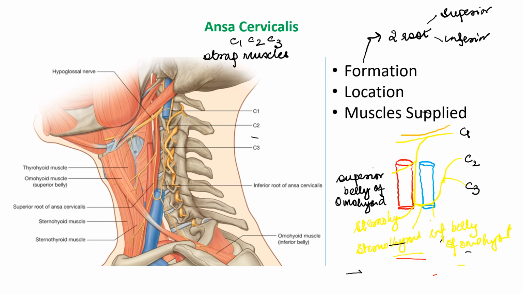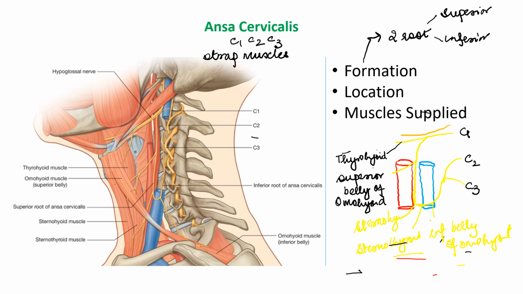Right? The thyrohyoid gets its branch from the C1 fibers which are hitchhiked with the hypoglossal nerve, the thyrohyoid.